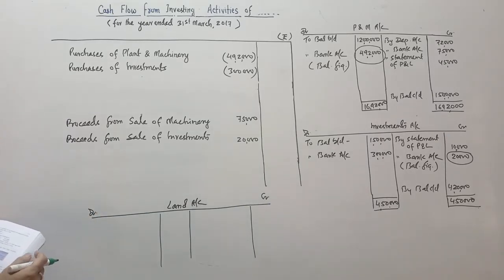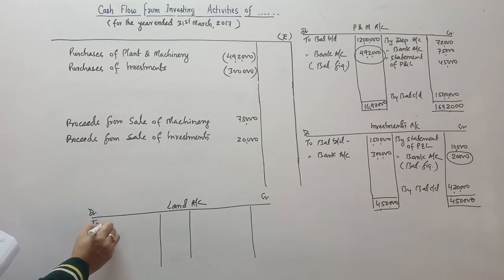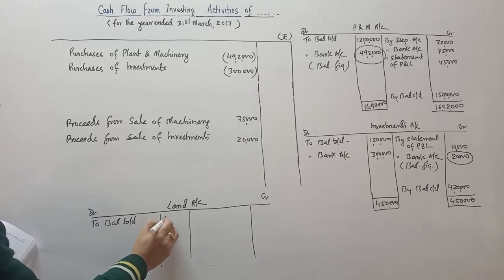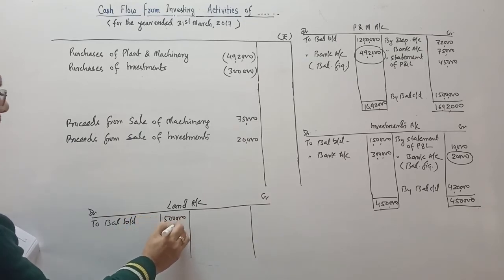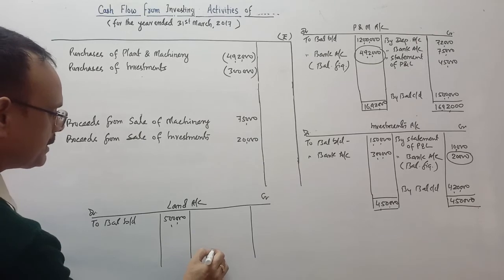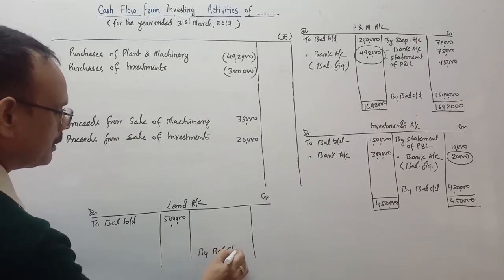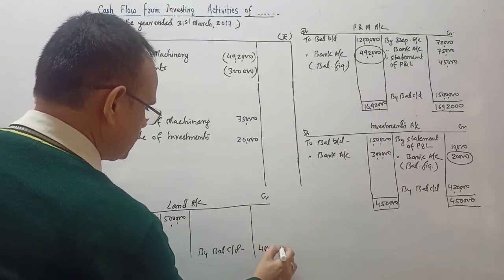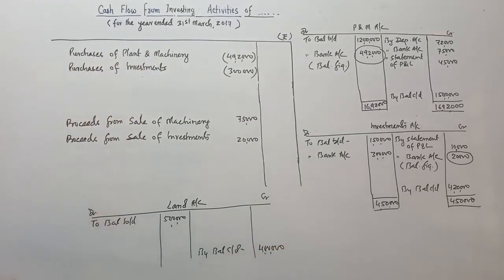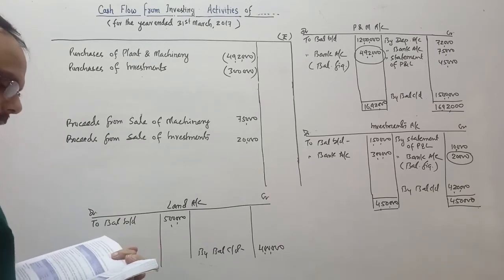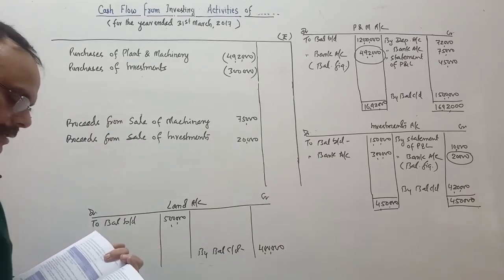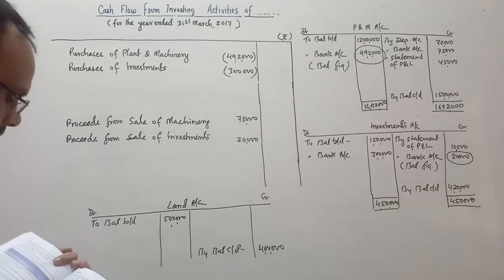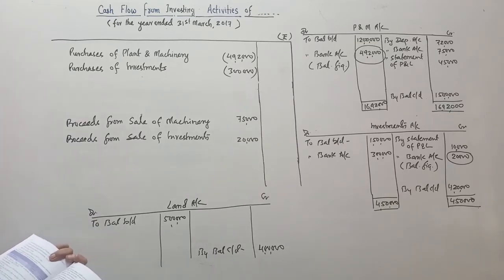Opening balance of land, to balance brought down, is 5 lakhs and closing balance of land, by balance carried down, is 4 lakhs. So the 2016 balance is opening for the next financial year and the 2017 balance is the closing balance.